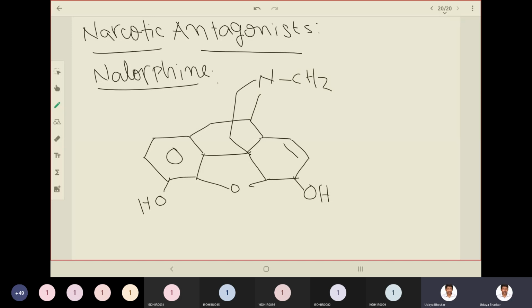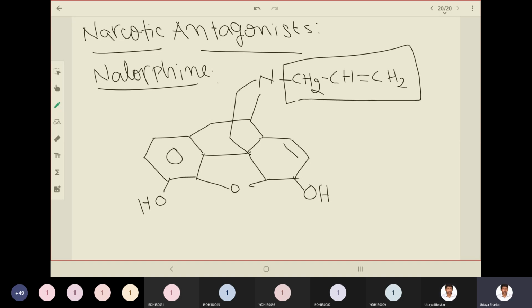What is an allyl group? CH2, CH, double bond, CH2. This is the allyl group. And if it is a salt of HCl, put a dot and HCl. That's it.